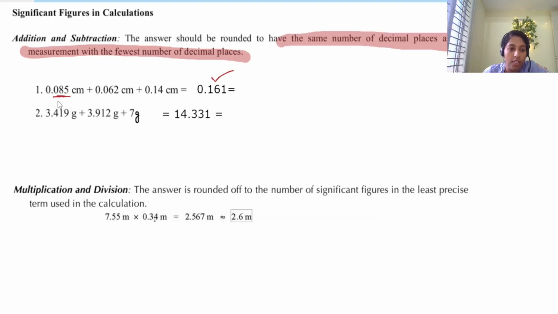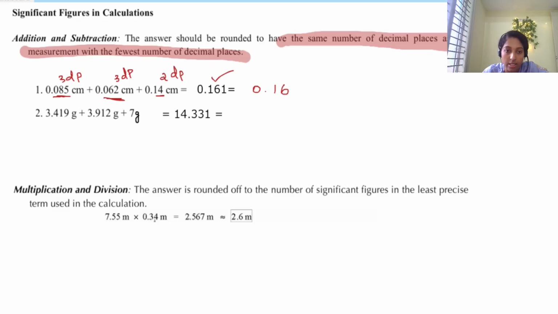See, the first number has 3 decimal places, the second number also has 3 decimal places, and the third number has 2 decimal places. So your answer should contain 2 decimal places. The answer should be represented in that way. Okay, so how do you represent this number in 2 decimal places?